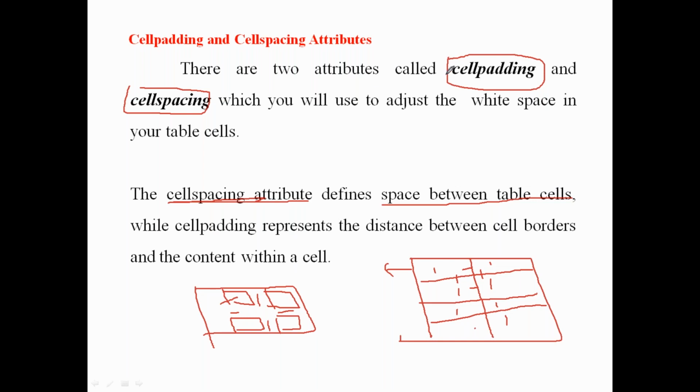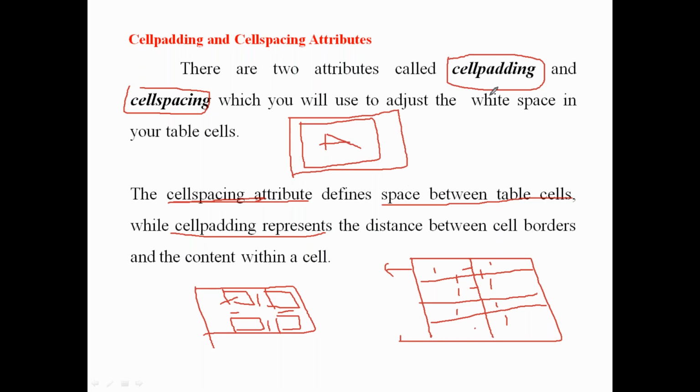And after that, what do you mean by cell padding? The cell padding represents the distance between the cell border and the content within a cell. For example, I want to draw only one cell, with some data written in it, in a table with only one column and one row.